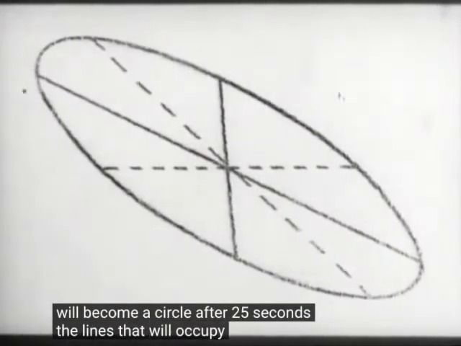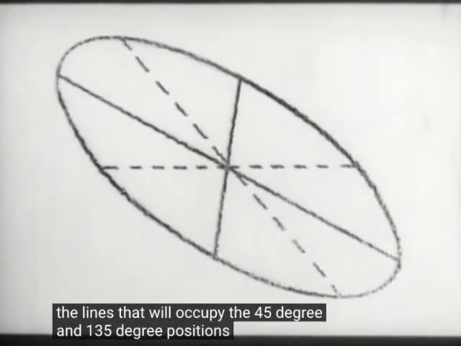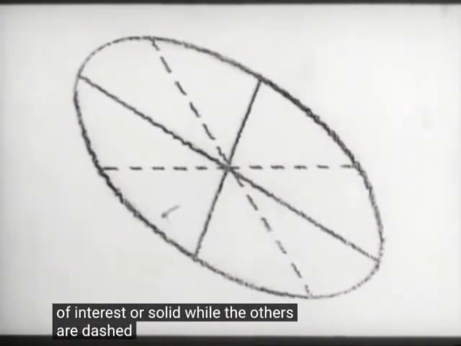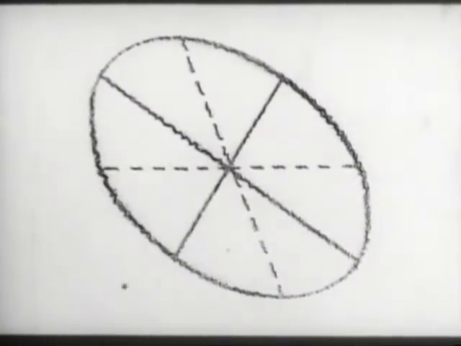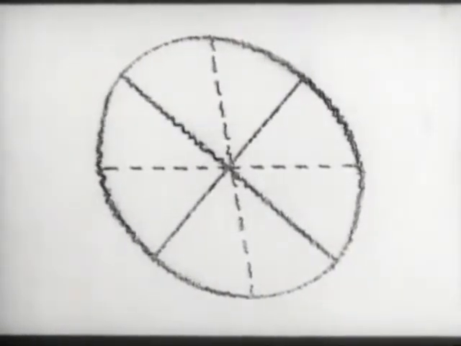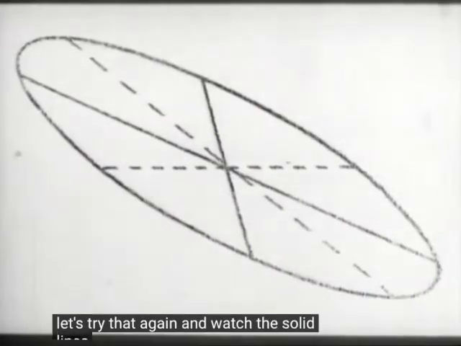The lines that will occupy the 45 degree and 135 degree positions at the instant of interest are solid, while the others are dashed. Let's try that again and watch the solid lines.